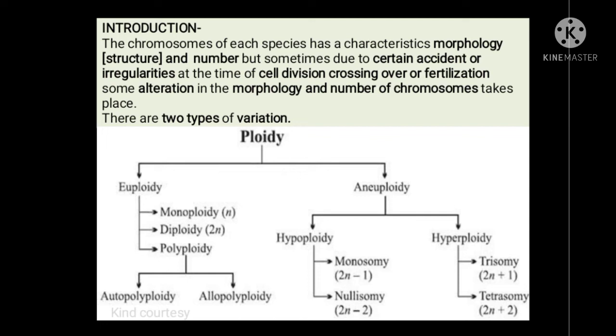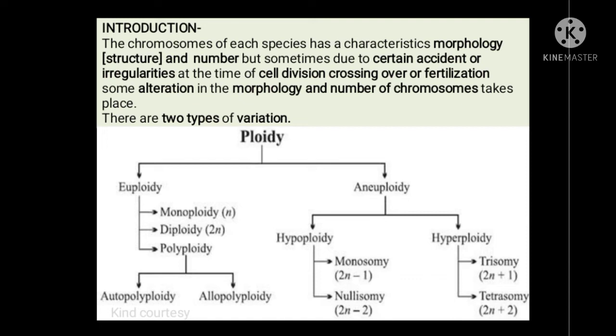Under ploidy, there are two subpoints, that is euploidy and aneuploidy. Under euploidy, there are further three parts: monoploidy, diploidy, and polyploidy. Under polyploidy, it is further divided into autopolyploidy and allopolyploidy.